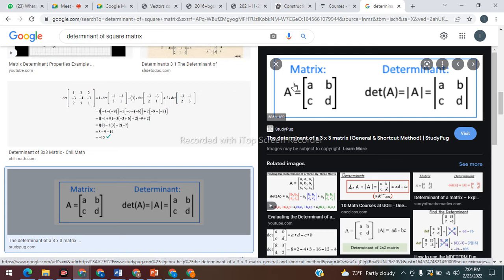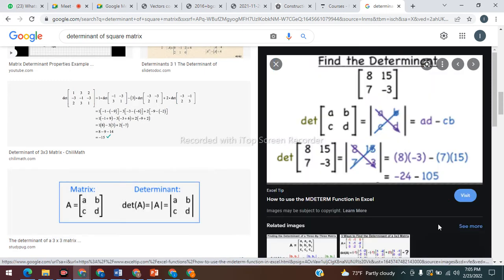See that? Given the matrix A, B, C, D, the determinant of A is going to be equal to what? They have the bar around A, B, C, and D. This is a good one too.